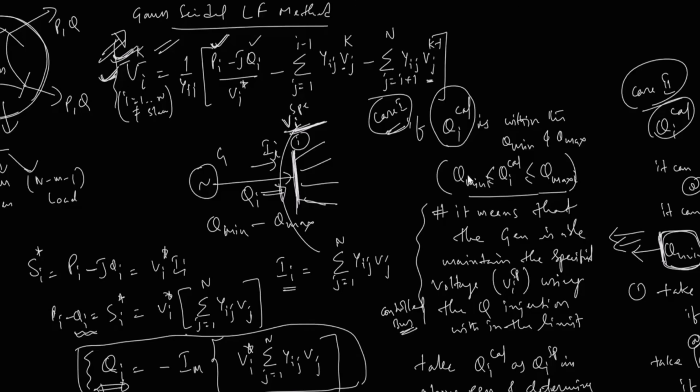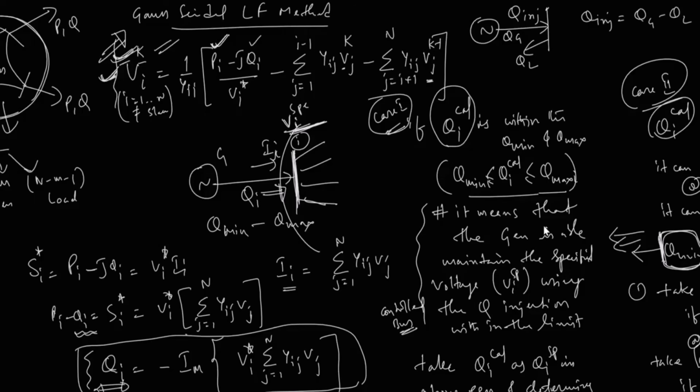So before that, what we have to do is this net Q injection, one second. So this is the net Q injection, right? Which is actually the algebraic sum of QG and QL, that is, Q injection is QG minus QL.